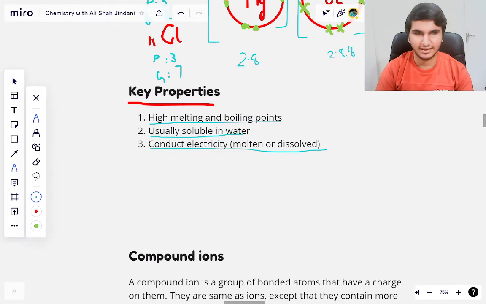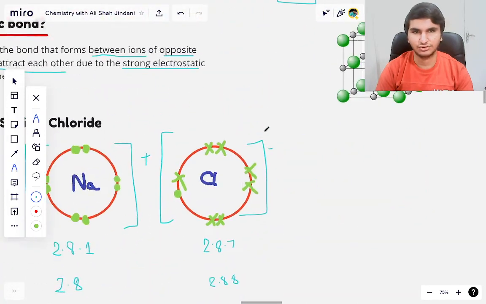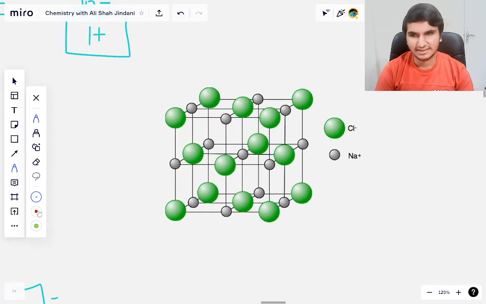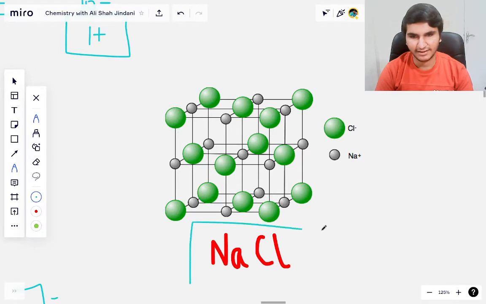But before that, one thing that I forgot to show you: this is an ionic compound, the compound NaCl. After the compound is formed, we write it like this. This is called the formula of the compound.